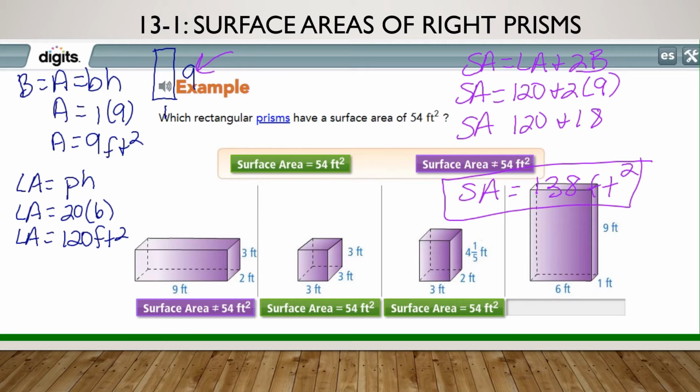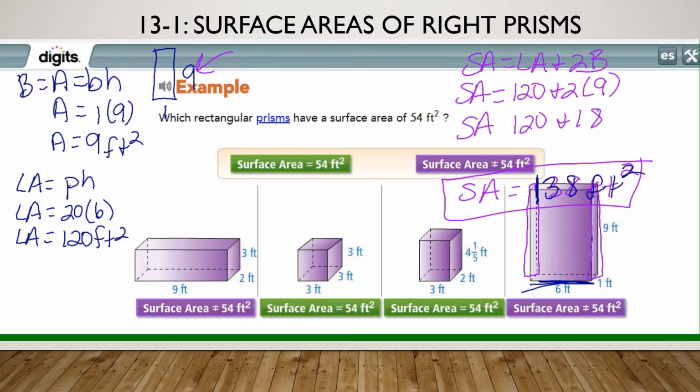The height of the prism, so again, the distance between these two bases, those are the two bases I use, and then the distance between those two will be 6. So the lateral area will be 120 feet squared. Now we use our surface area formula, combine everything, and we end up with the surface area as the exact same thing we got before, 138 feet squared.